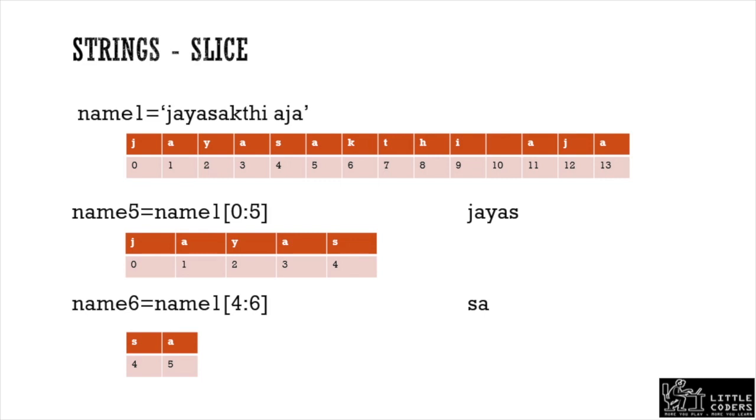The 4th character is S, because we are starting from 0, 0, 1, 2, 3, 4. Then we have to copy before 6. That is, we have to copy 4 and 5 alone. So that means the name copied is SA. That is the value of the variable name 6 is SA.